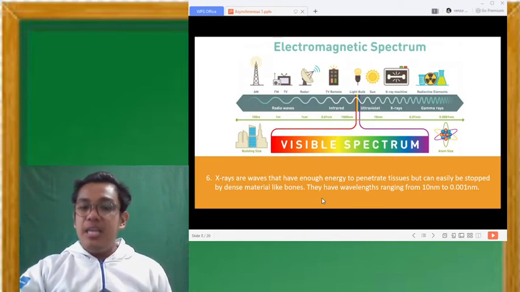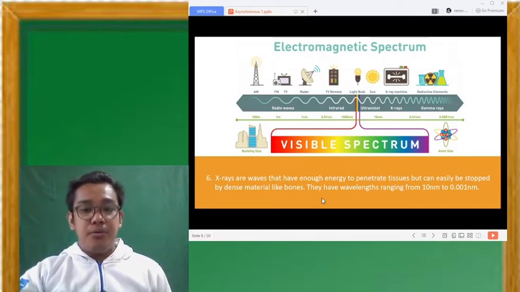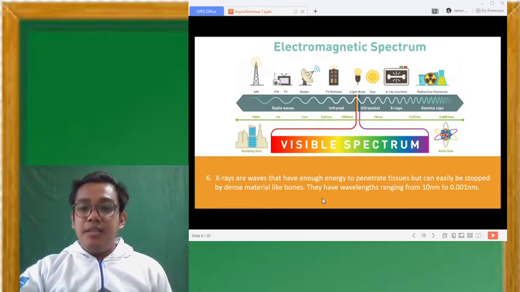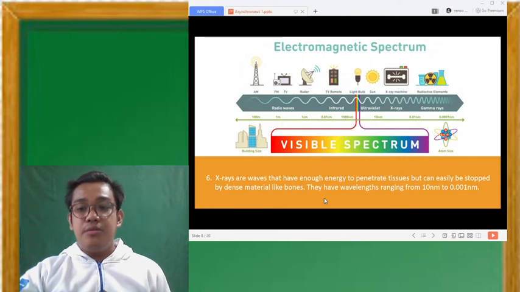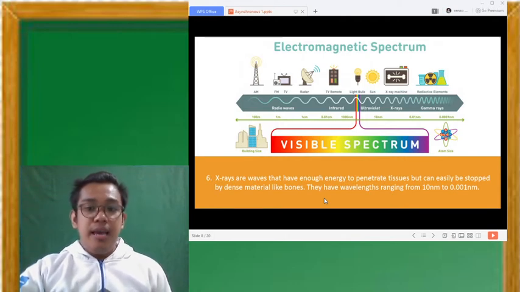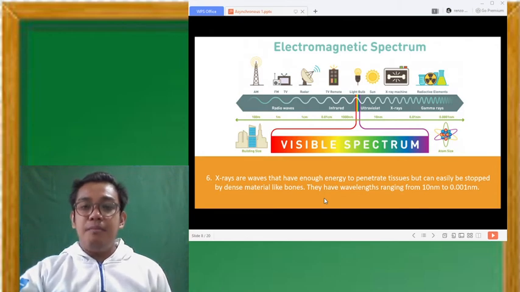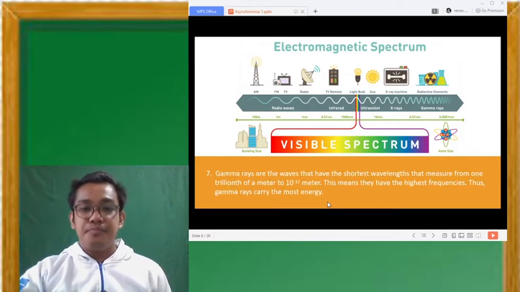X-rays are waves that have enough energy to penetrate tissue but can easily be stopped by dense material like bones. They have wavelengths ranging from 10 nanometers to 0.001 nanometer. X-rays detect bones and some baggage when we use X-rays in the port or airport.